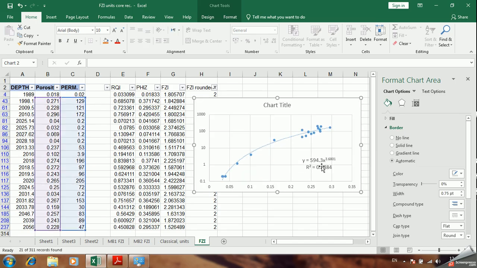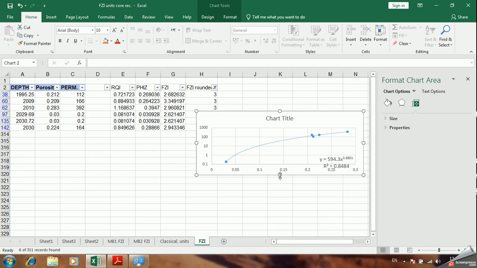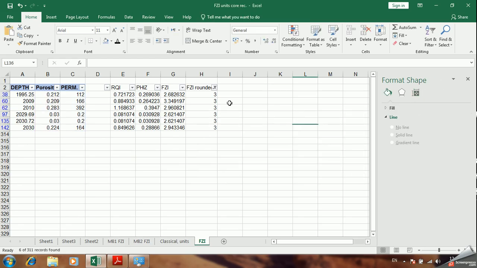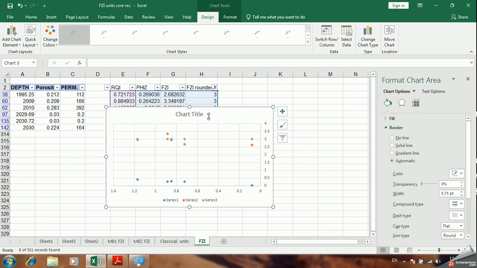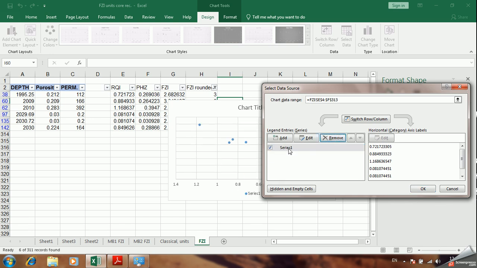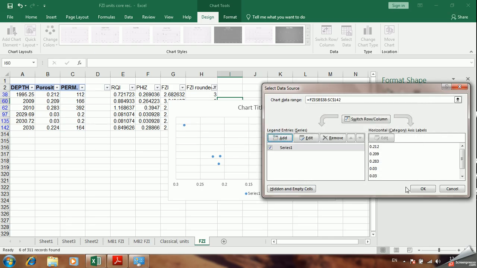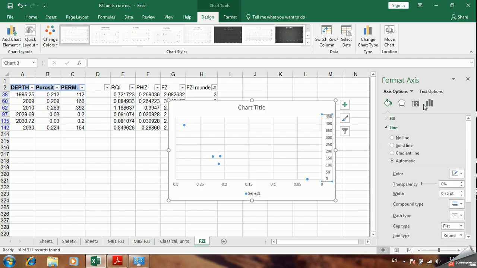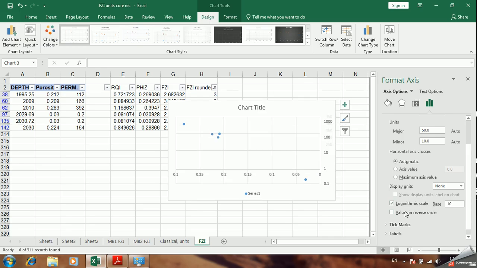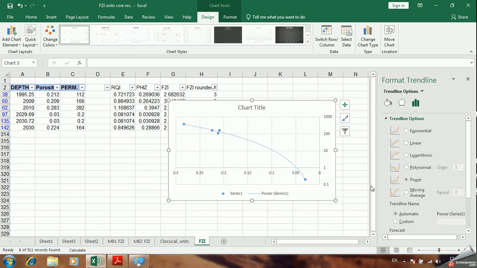Okay, you can see if you make plots separately, this is the x-axis, this is the y-axis, and this is in logarithmic scale, and the trend line of power.